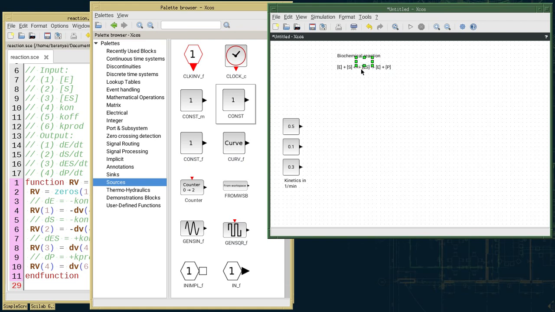Okay, so this I will make larger, and okay, it will be here. So this will remind me what my simulation is.